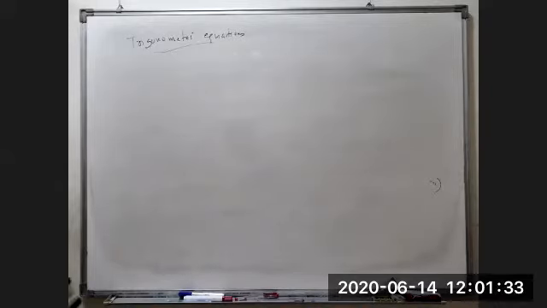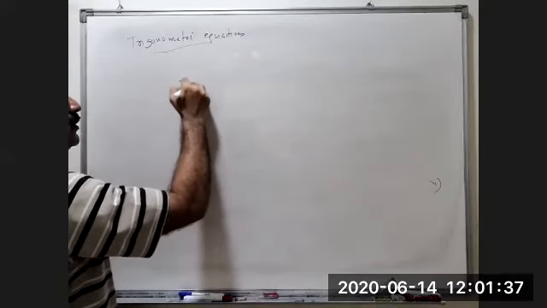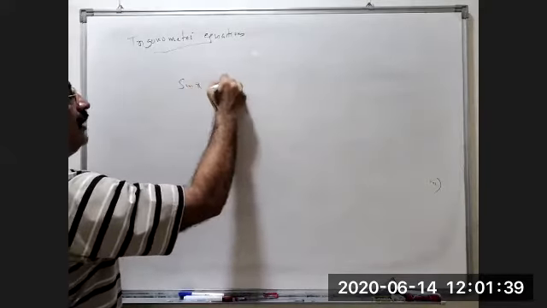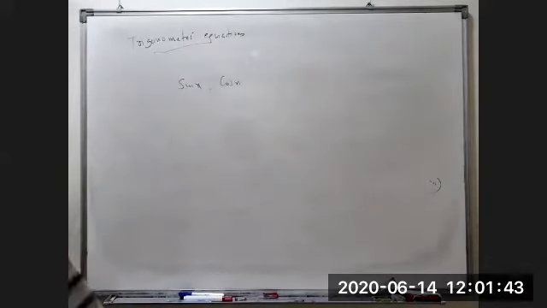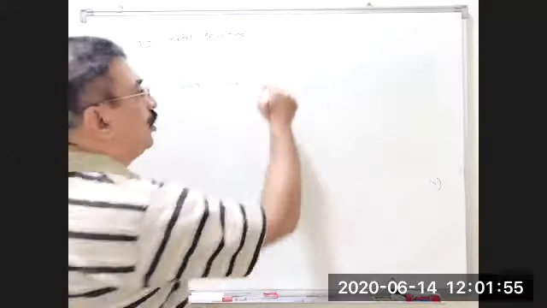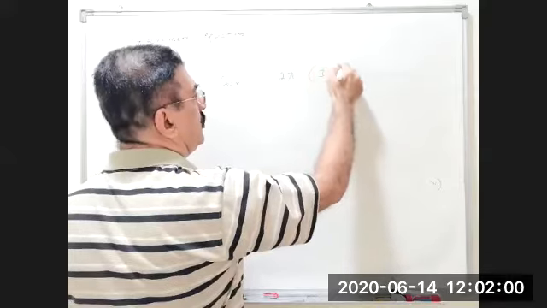The values of sin x and cos x repeat after an interval of 2 pi, that is 360 degrees.